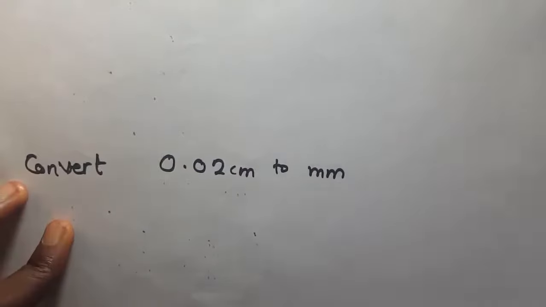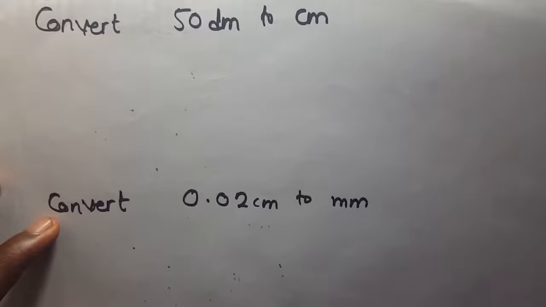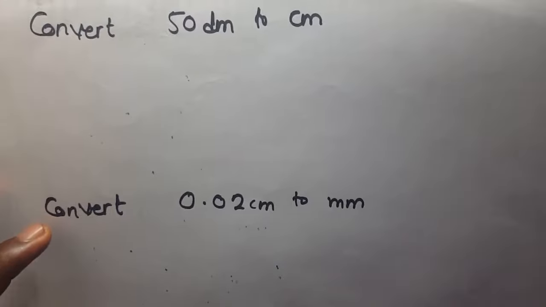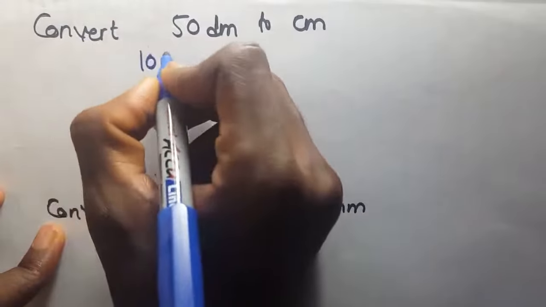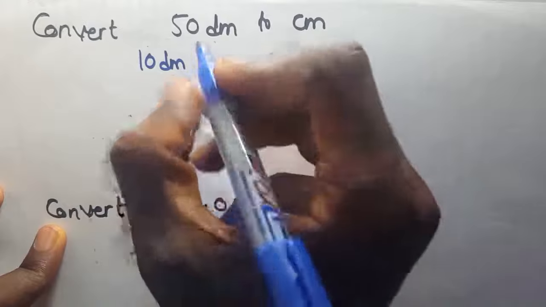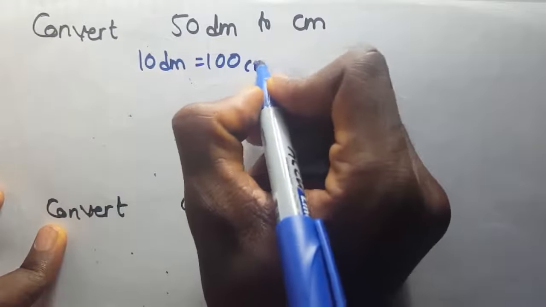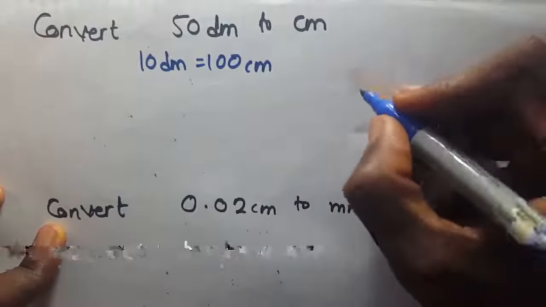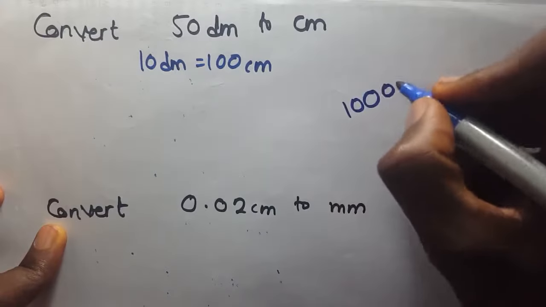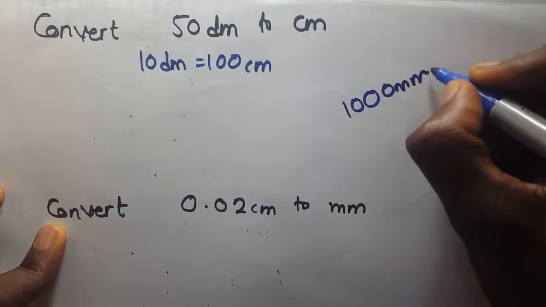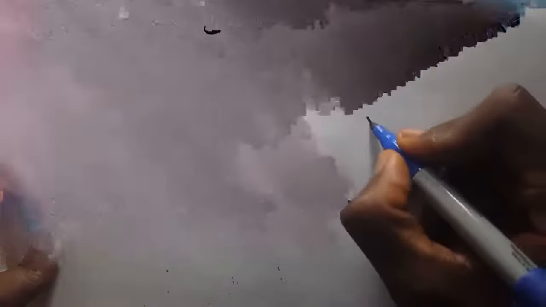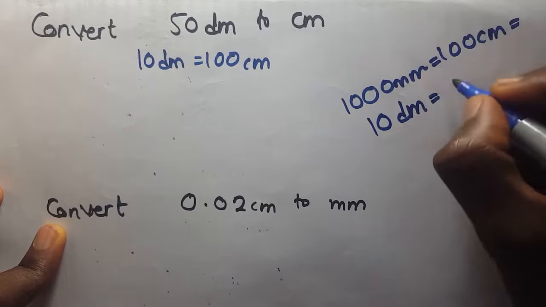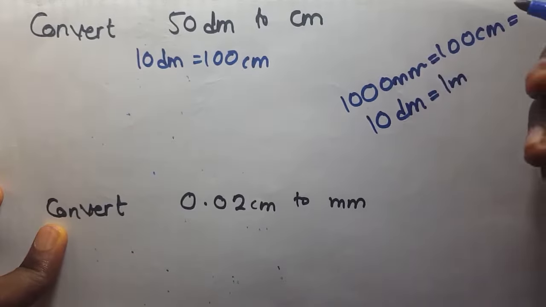With our next set of examples, we have 50 decimeters to centimeters. With decimeter, 10 decimeters equals 100 cm. Let me write it again to remind you: 1000 millimeters equals 100 centimeters equals 10 decimeters equals 1 meter.